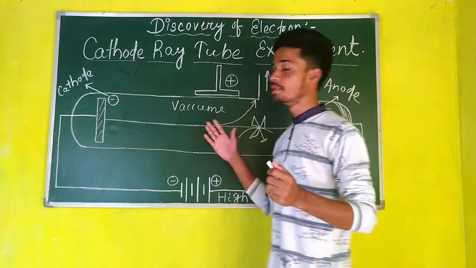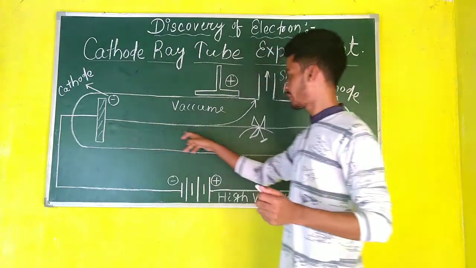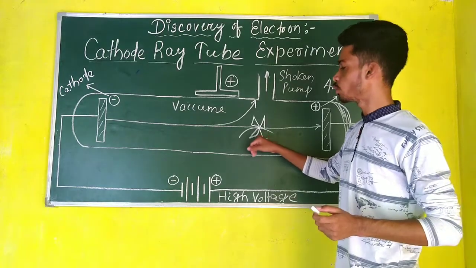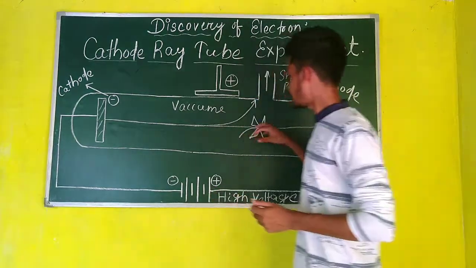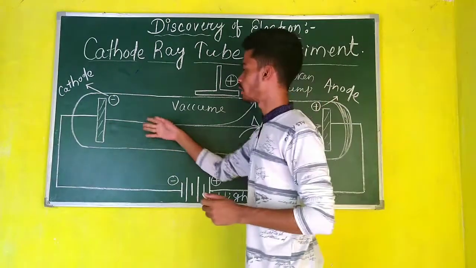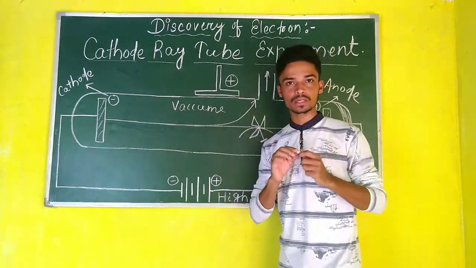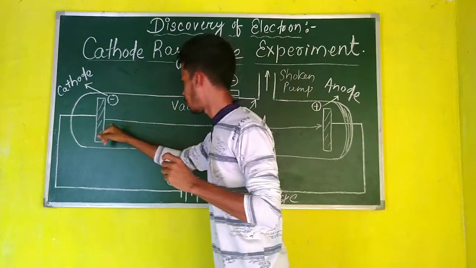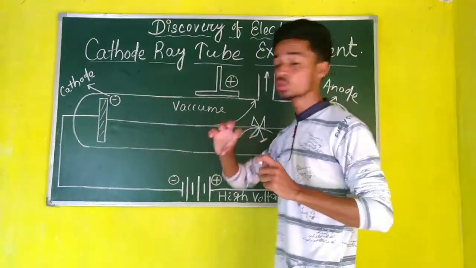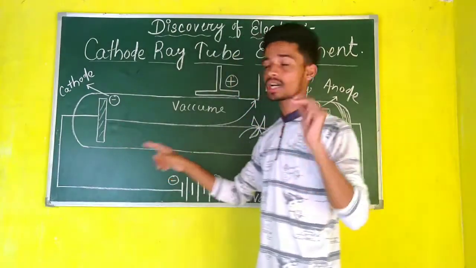If a beam of light touches the small fan, the fan could not move, because light has no mass. But when an electron touches the fan, the fan starts to move, because the electron has mass.